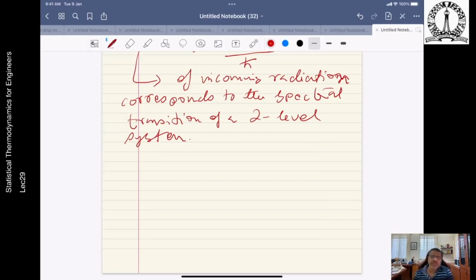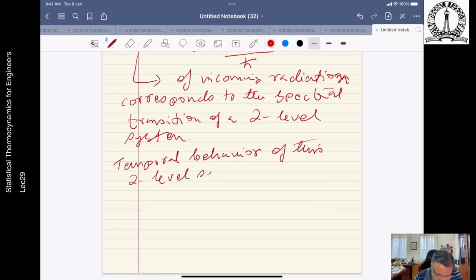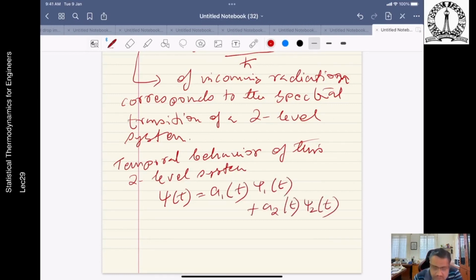So if we now want to investigate this two-level system as a dynamic perturbation about its stationary solution, we are supposed to investigate the temporal behavior of this two-level system. We have psi of t equal to a1(t) psi 1(t) plus a2(t) psi 2(t).